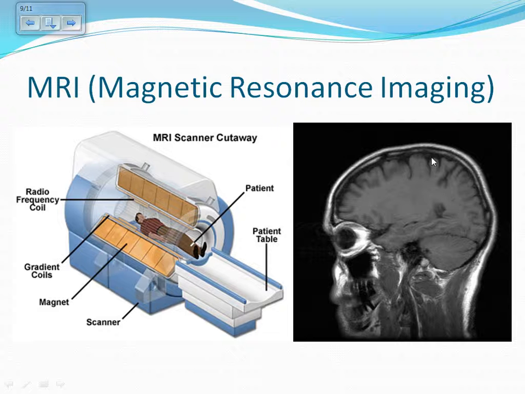So essentially there's a huge magnet going around your body. And how the magnet works is it aligns part of your atoms in your body, which are very, very slightly magnetic. So it aligns the pieces of your body, and different materials have different alignments, and they can tell what it looks like.